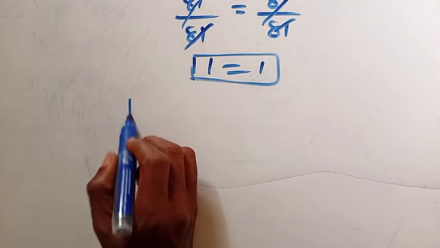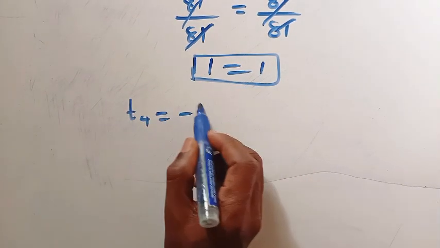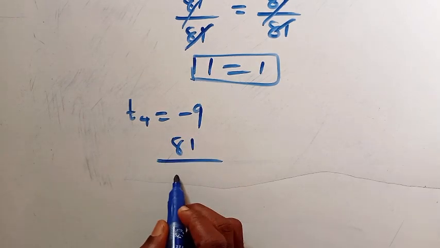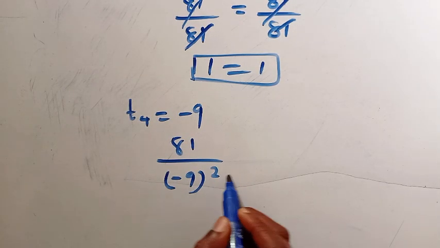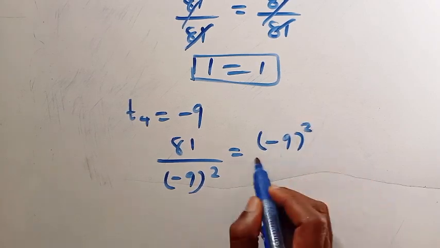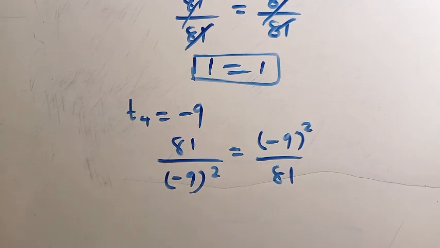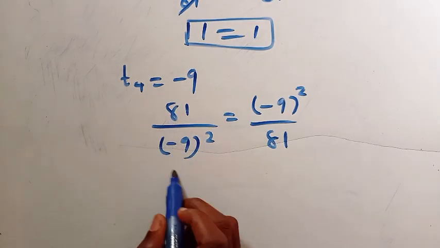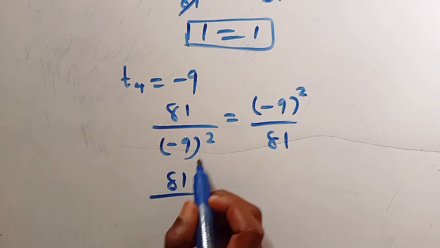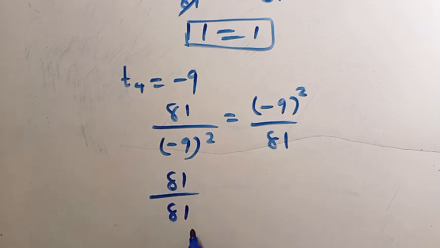And if you check for when t4 equals minus 9, we have 81 over t squared, that is minus 9 squared, equals minus 9 squared divided by 81. Looking at this, 81 over minus 9 squared will be minus 1 squared, that is 1, then 9 squared is 81.